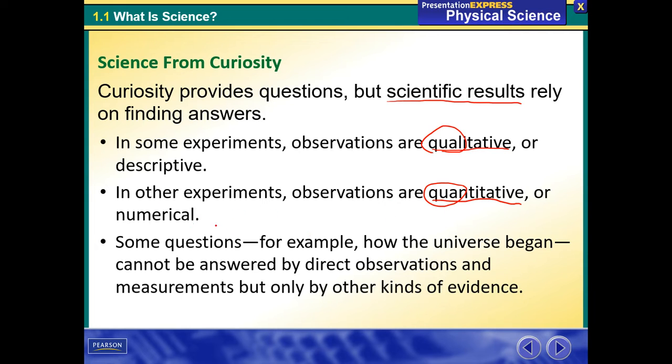I always think of the N and relate it to number. These are going to be things like, oh, the shirt is a size 7. It weighs so many ounces. It is this long, like 8 inches long. That's like a Barbie doll shirt. Some questions, though, for example, how the universe began, cannot be answered with direct observations, and instead they have to use some kind of other evidence.